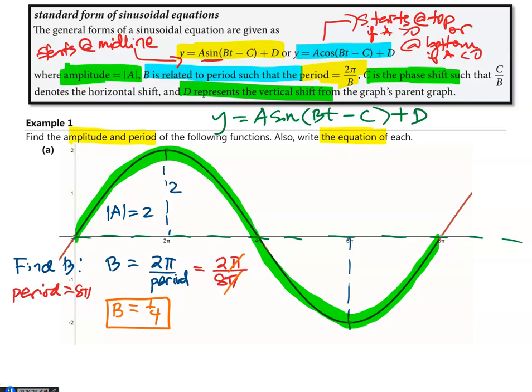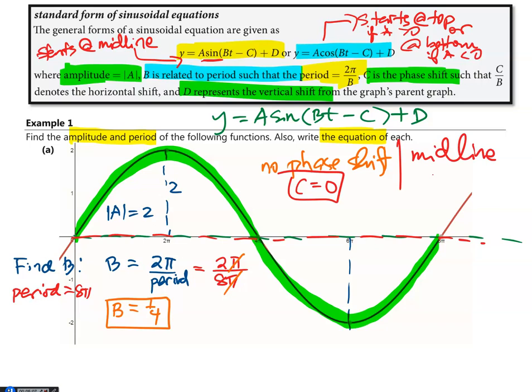Then we start at 0 here, and from 0 to 8 pi is 1 period. We can say that there is no phase shift. That means c is equal to 0. And d is the midline. So the midline is at 0, so d is equal to 0.